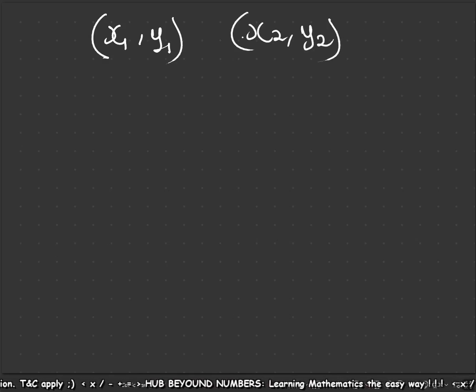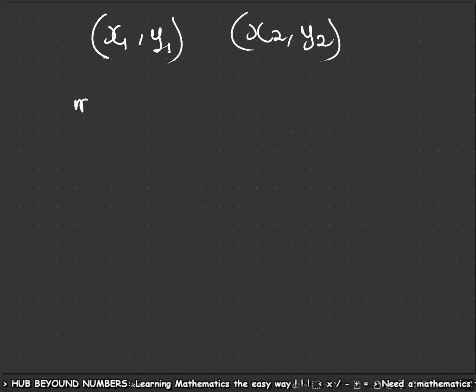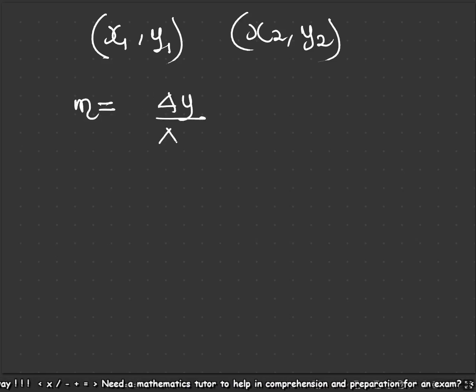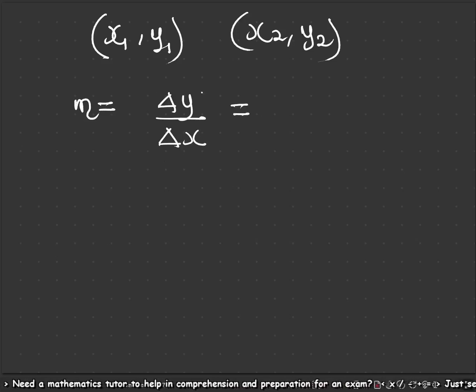So for any 2 points at a time, the gradient, normally represented as m, is the change in the values of y over the change in x value.